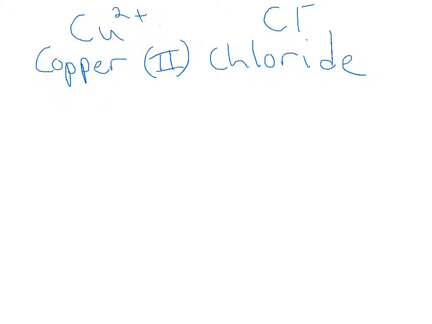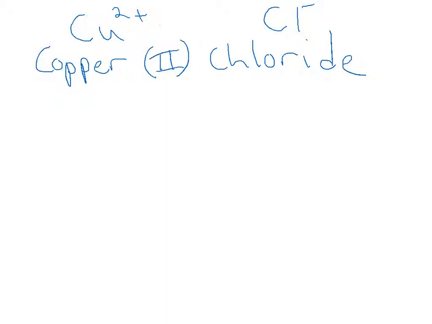Okay, so we haven't written our formula yet. The next step that we need to take is to write the formula. Let's take a look at our copper. Here, our copper(II). That's our cation. Here's our anion, chloride. Let's go ahead and try to balance out these charges here.